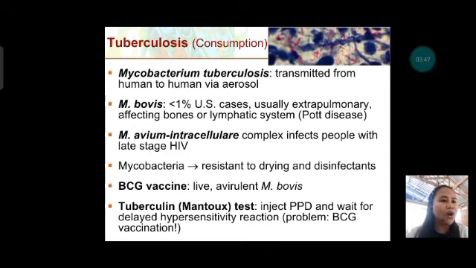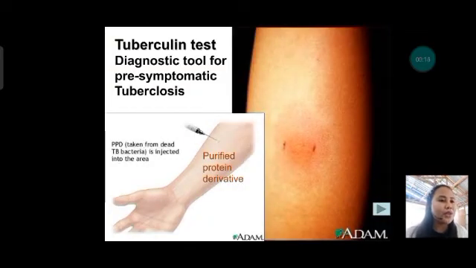So, not all positives in this tuberculin Mantoux test really mean a tuberculosis disease. The next slide will show you a video about tuberculosis pathogenesis.